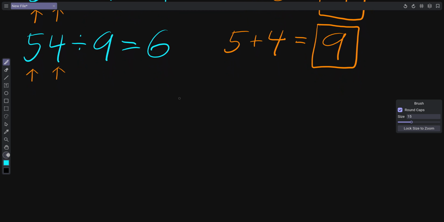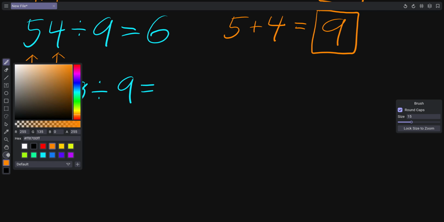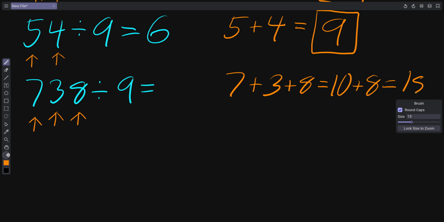Now let's go into something a little more complicated. Let's say we had 738. Is this evenly divisible by 9? Well, we'll run the same test, except now we're looking at three digits. So we have 7, 3, and 8. And we're going to add these three digits together now. So we do 7 plus 3 plus 8. That's going to become 10 plus 8, which is going to become 18.